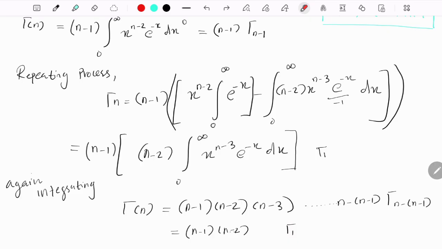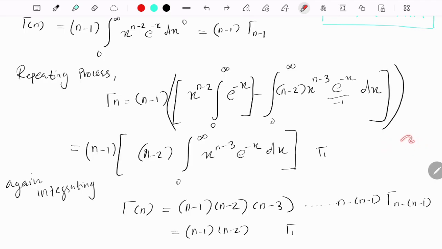We are integrating up to n minus 1, because if n minus n is equal to 0, that is gamma of 0, it is not defined. The condition is n should be greater than 0.